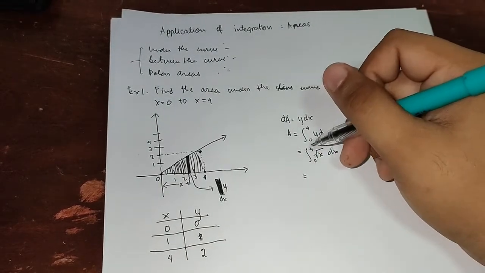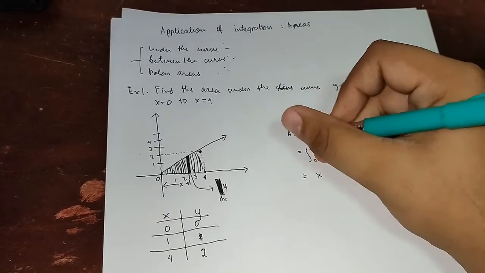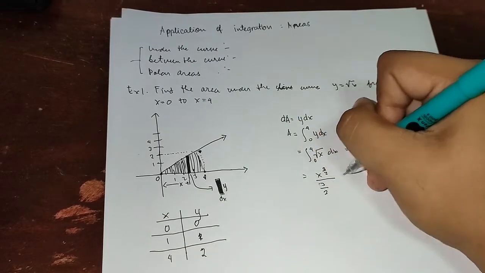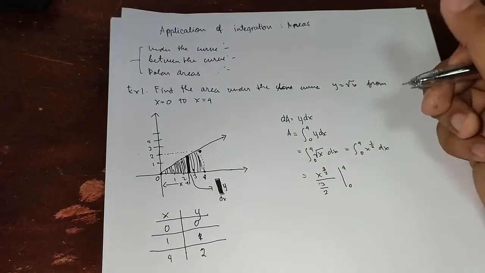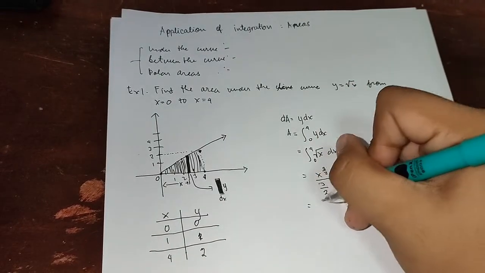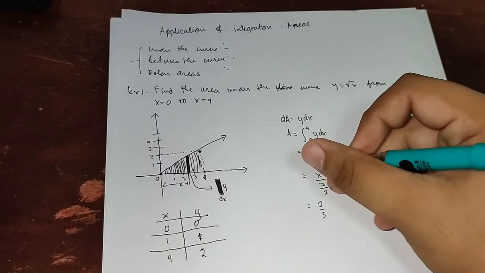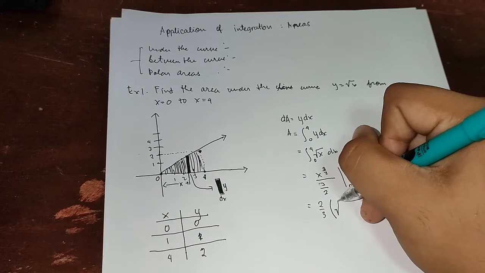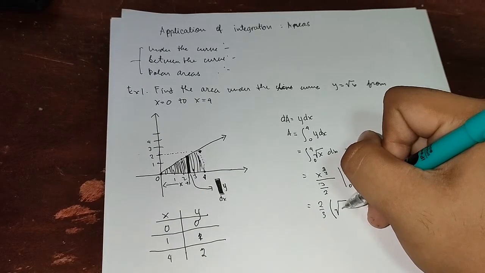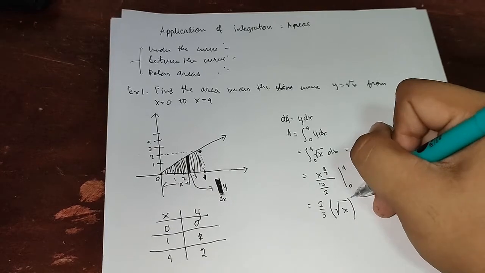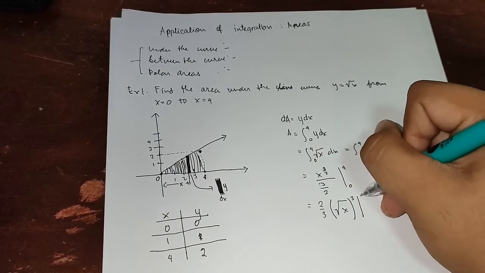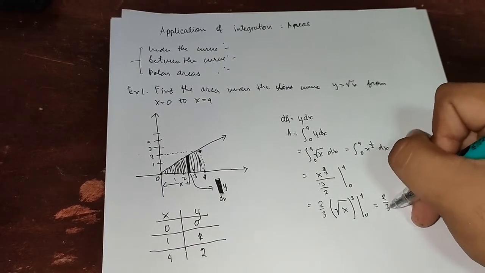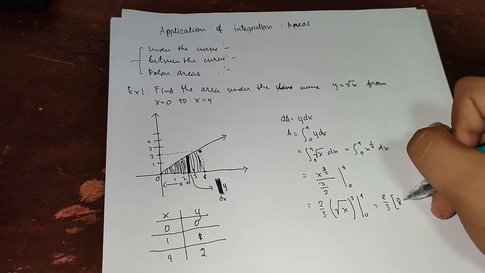Use the power formula: x raised to 3/2 over 3/2, from 4 to 0, equals 2/3 times the y which is square root of x raised to 3, equals 2/3 times 8 minus 0.